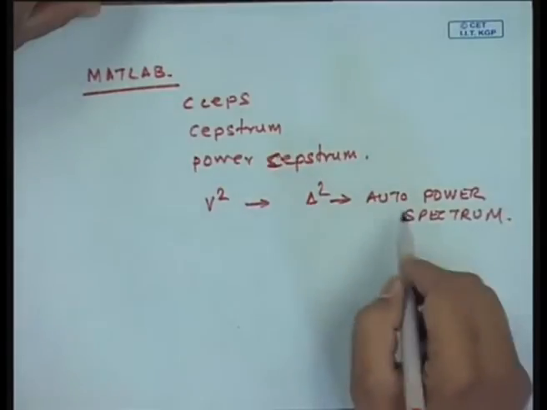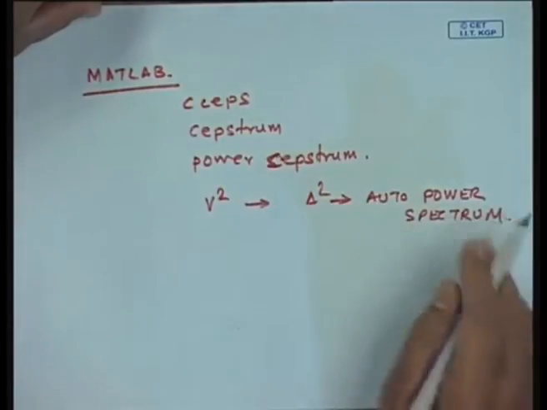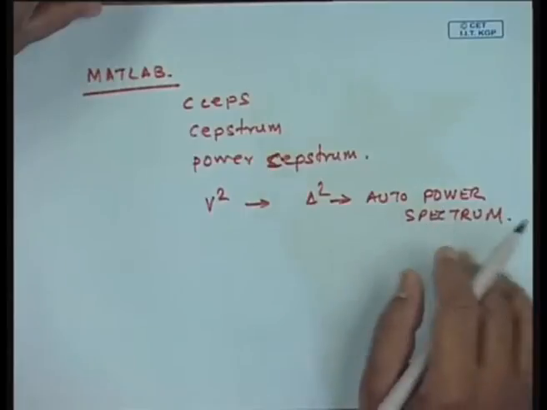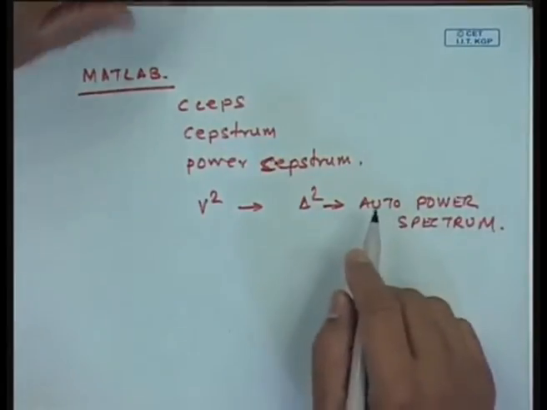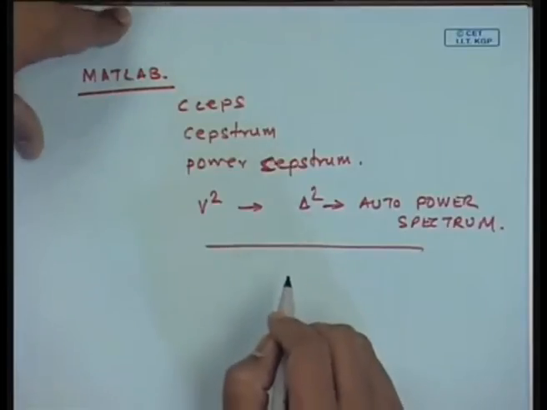If I do a cepstrum of an auto power spectrum, it will become what is known as a power cepstrum. Okay. There are different ways of representing this data.